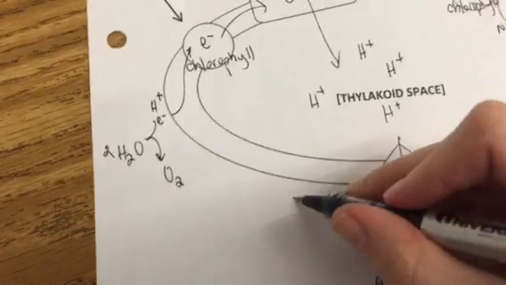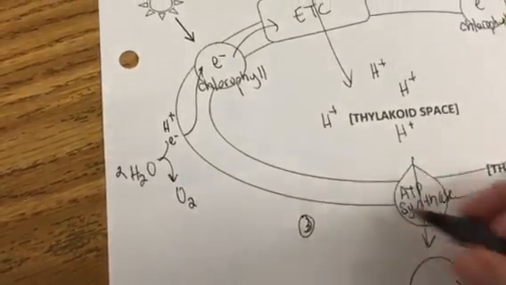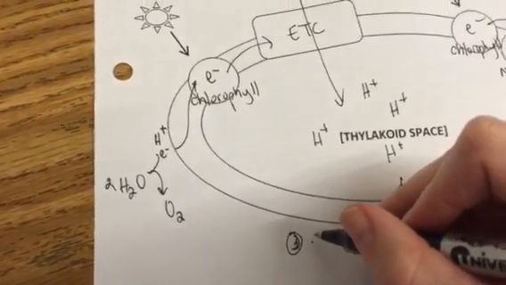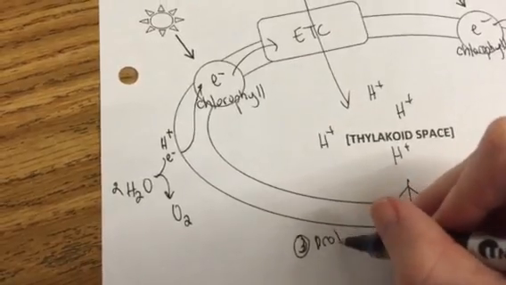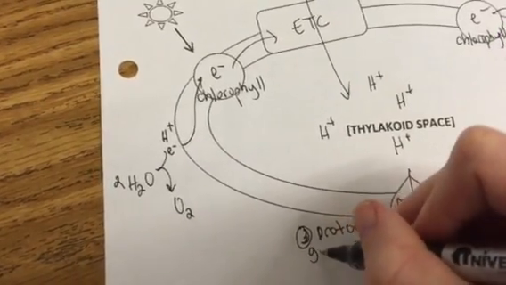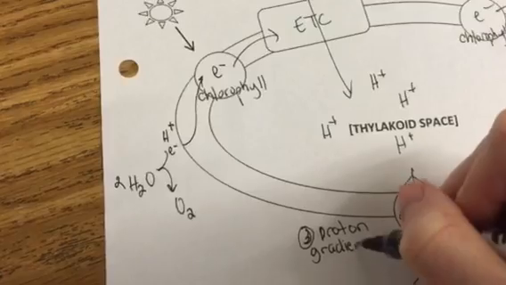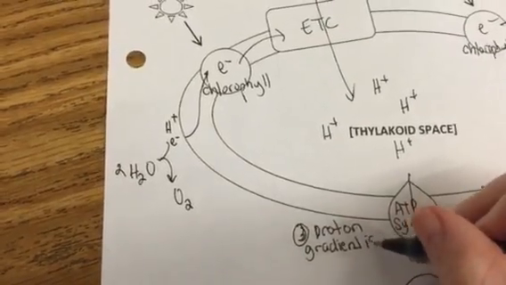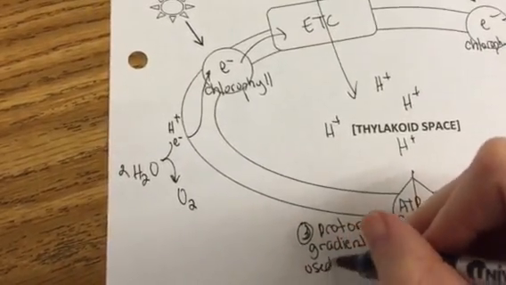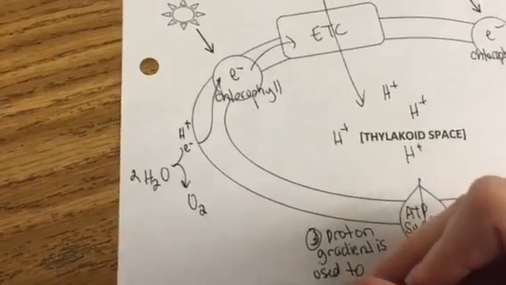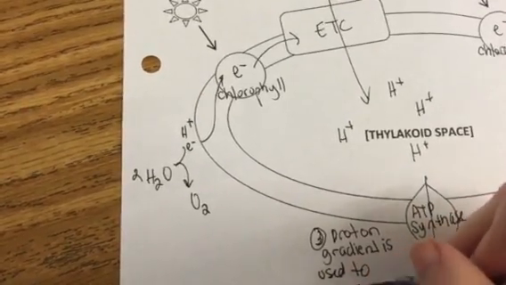And down here, our step 3, the proton gradient is used to make ATP.